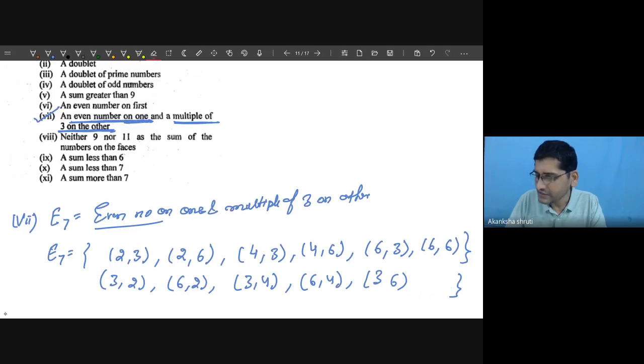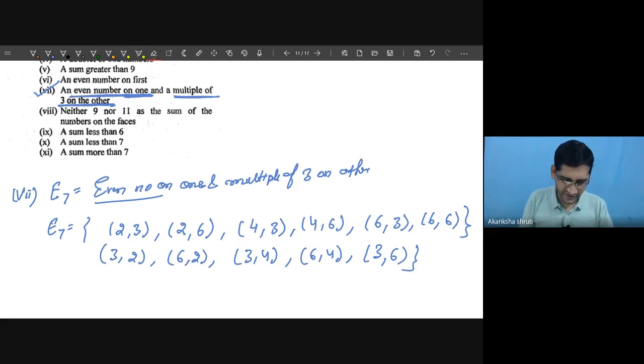So this has to be written only once. Though 6 and 3 and 3 and 6 are different and have to be written, 6 and 6 has to be written only once. That will not give any different ordered pair. So be careful. After this, just count it.